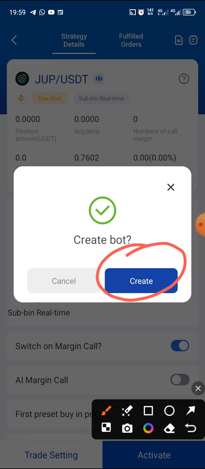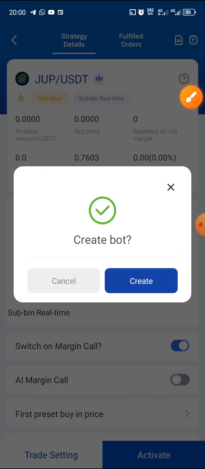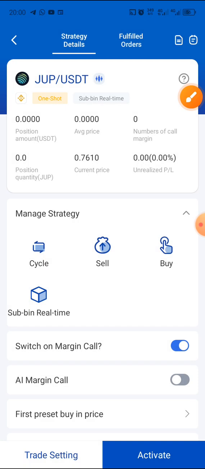So your robot will buy. And all you have to wait for is your robot to sell. You've already provided the settings. So that's how you apply the strategies.